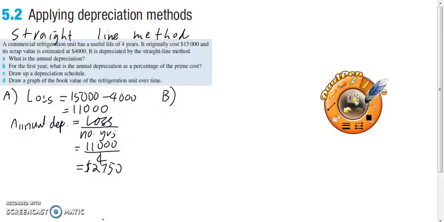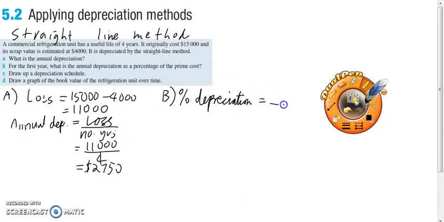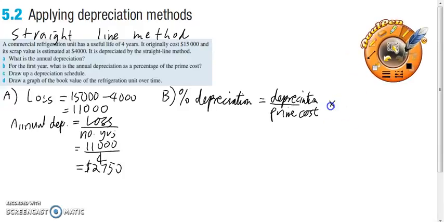So in this case, the percentage depreciation, now, the thing we're interested in is our depreciation, the original value is our prime cost. So that's how we come up with the formula, and to get to a percentage, we always multiply it by 100 at the end.